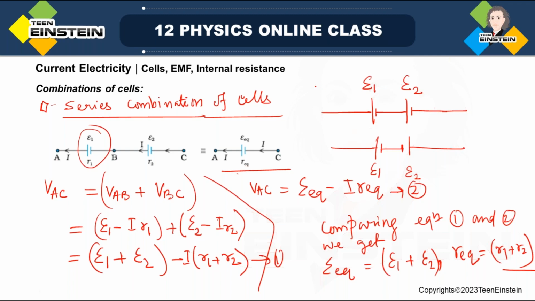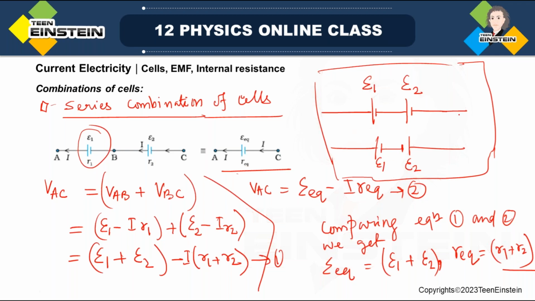Now let me discuss these two figures. Series combination here, suppose R1, R2 are the internal resistances. In this case, what will be the equivalent EMF? The equivalent EMF for this circuit will be E1 plus E2.